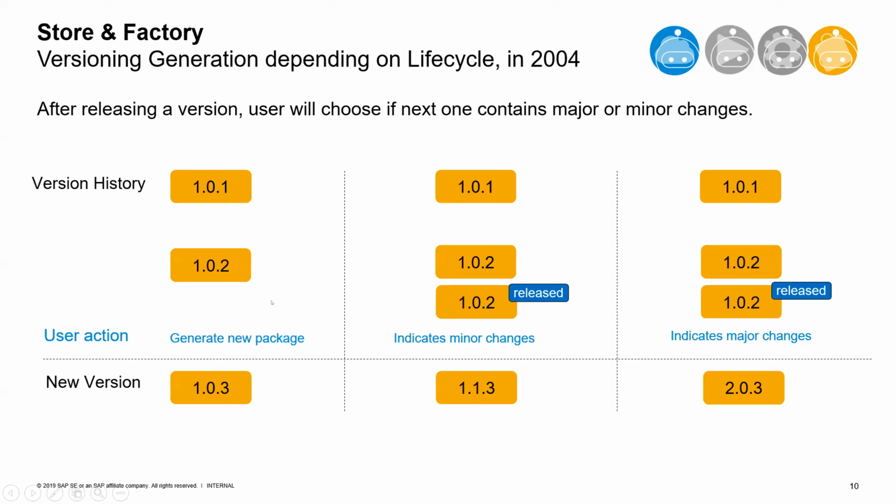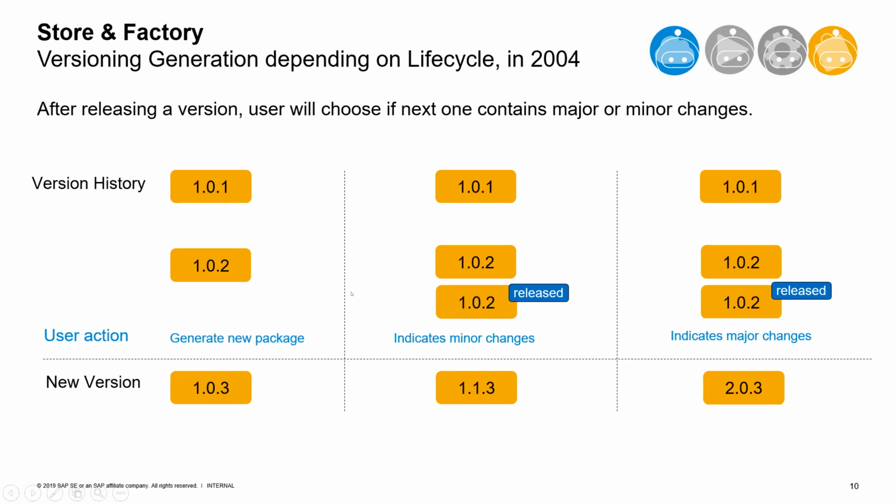For example, on the left-hand side in this use case, if none of the packages has been released, the user considers that he is still testing the package and has not yet decided on a stable package that can really be used for deployment. Then we will not propose to increase the version, because the user is still in the testing phase for this project.